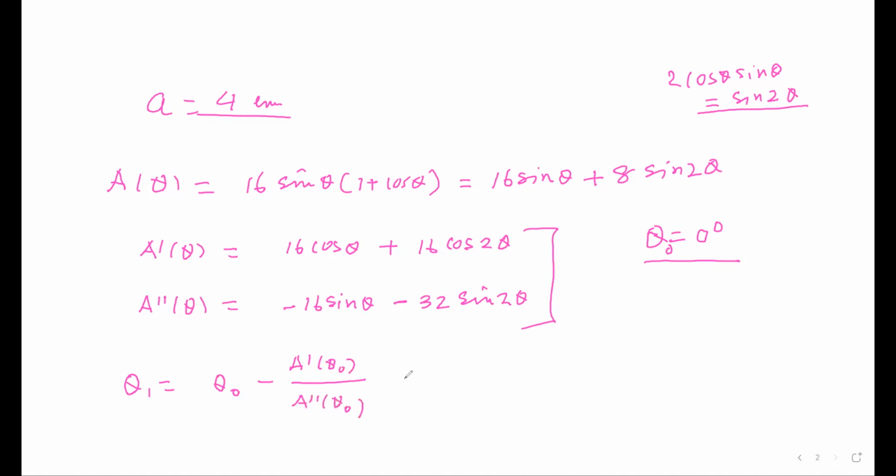And that is equal to 0 radian, let us consider radian, not degree, minus 16 into cosine 0 radian plus 16 into cosine of 2 into 0, divided by.